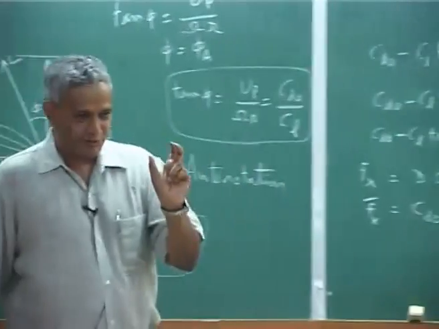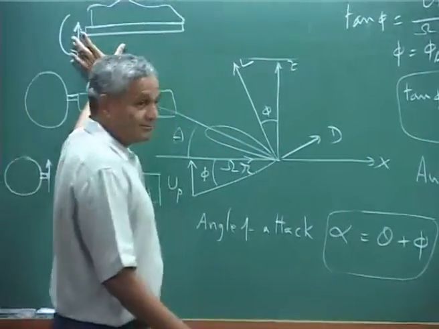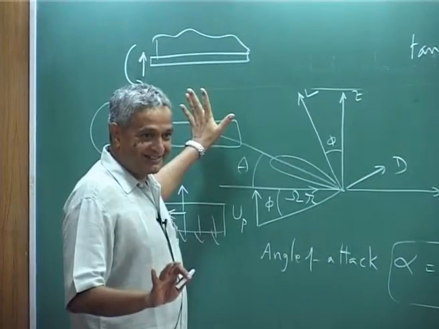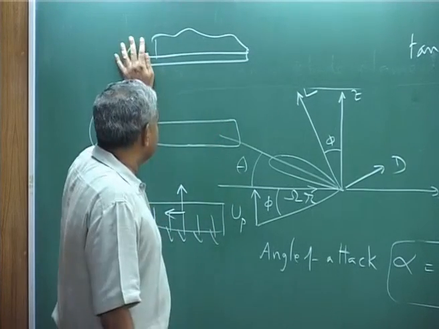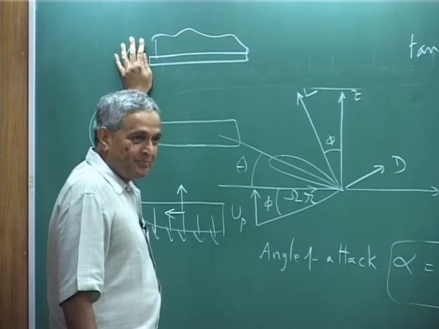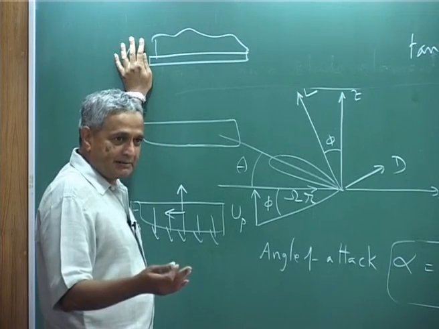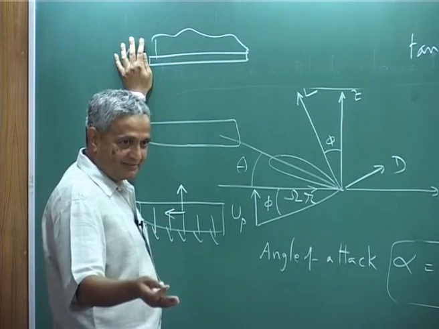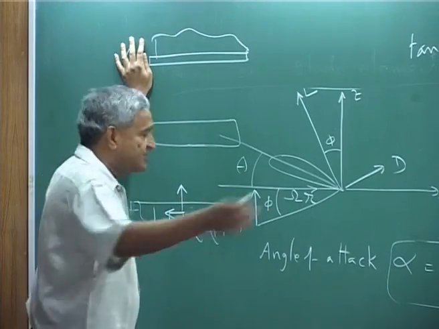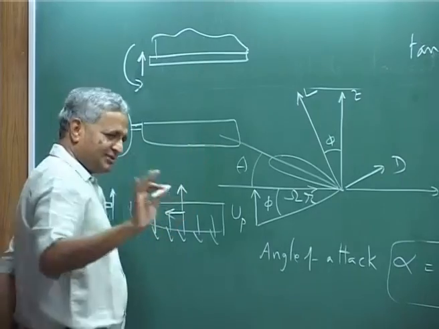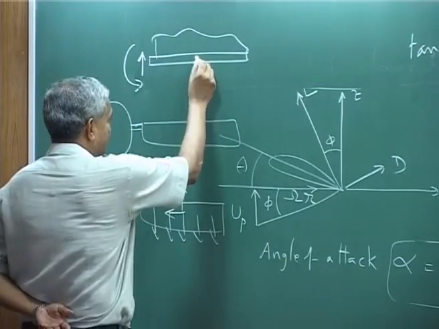Static equilibrium is 1, static equilibrium this is 0, understood? But our situation is this, and you have dynamics also. That is why it is a little bit complex problem.